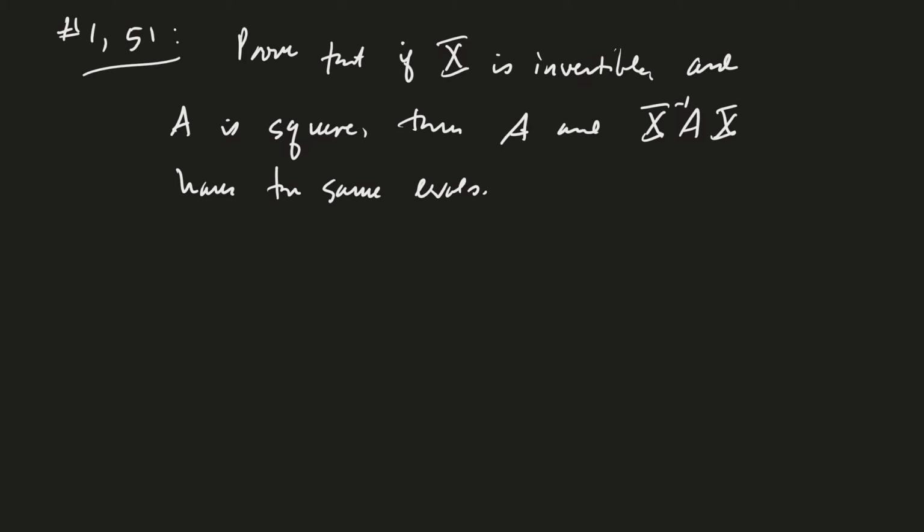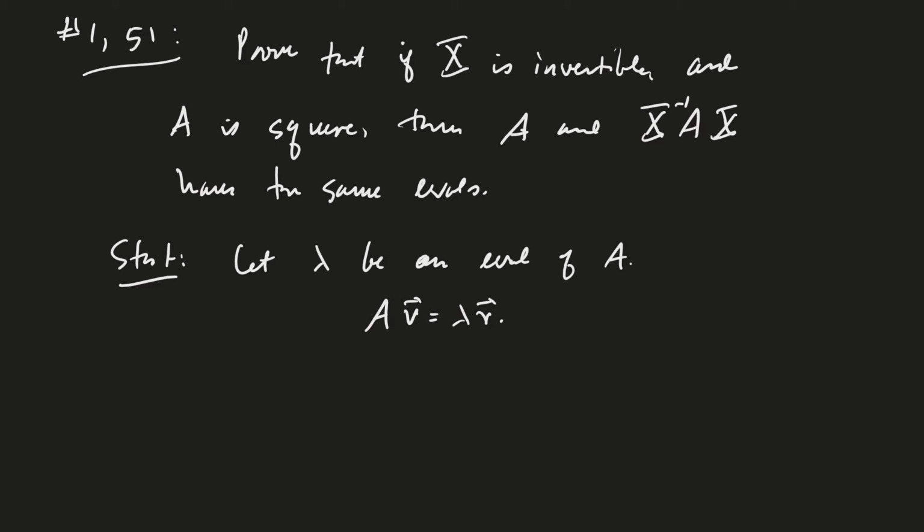So we would start with letting lambda be an eval of A. And then we would have to show, well, by the way, that means A times V is equal to lambda times V. And now somehow we need to show that lambda is an eval for x inverse AX.